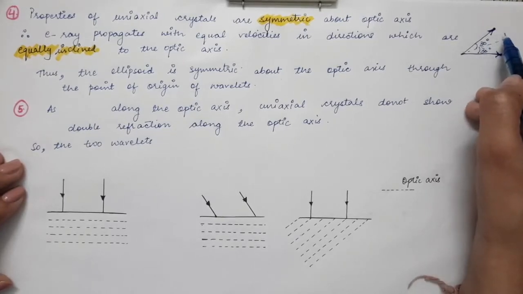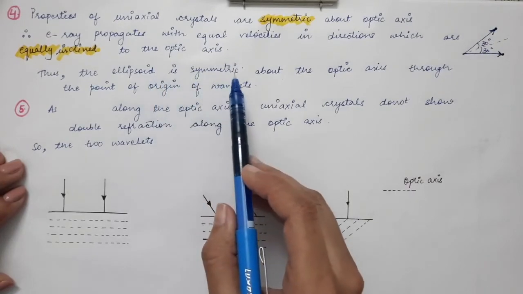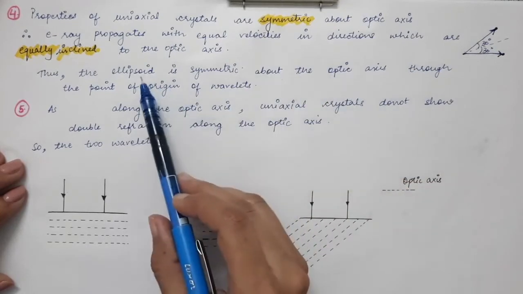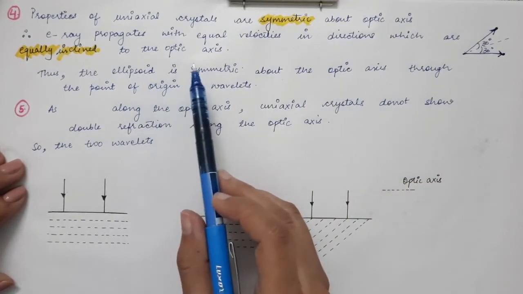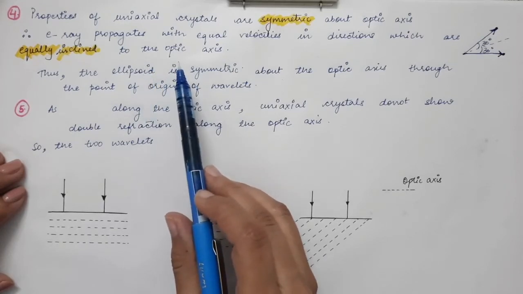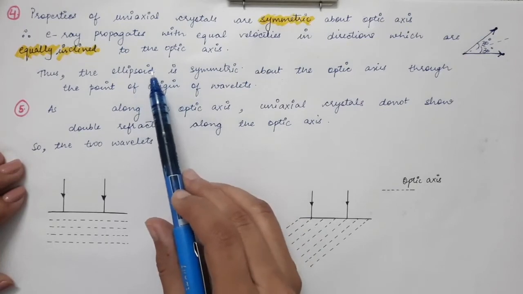So the ellipsoid, the wavelet for the case of the E ray, will be symmetrical about the optic axis. The ellipsoid will have one major axis and one minor axis, and the length of the major axis is always greater than that of the minor axis.